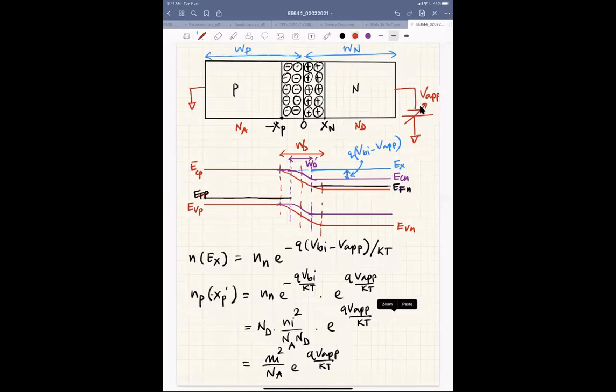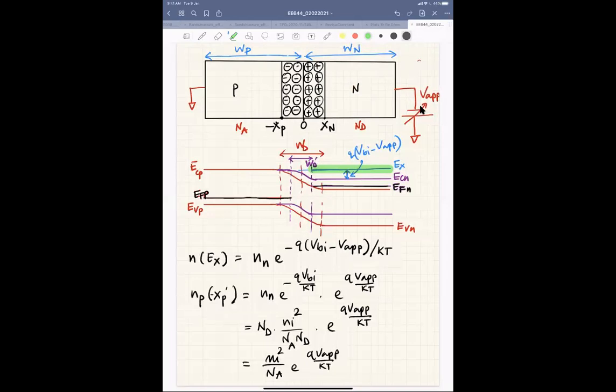Okay, so now, as per our earlier discussion, let's say I have an energy level here, this energy level EX, which is on par with ECP, right? So what is the probability of finding an electron there?